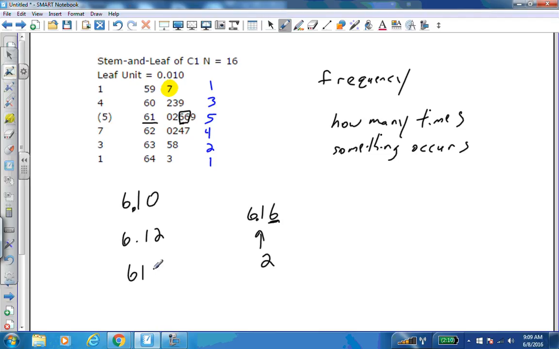Some of them are 6, 1, 6. One of them is 6, 1, 9. But there are 5 values that occur in this region. So the frequency of having 6.1 as the leading 2 numbers, the number of times that occurs, is 1, 2, 3, 4, 5 times.